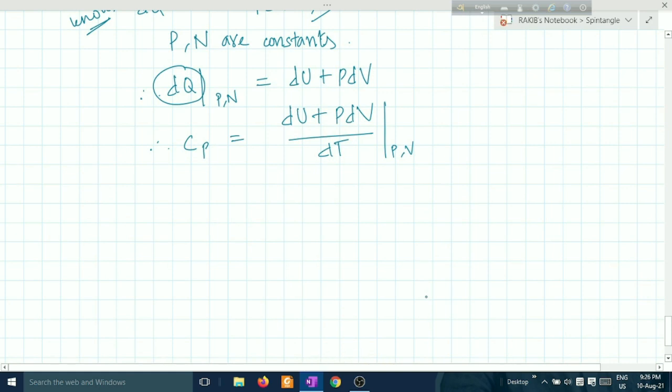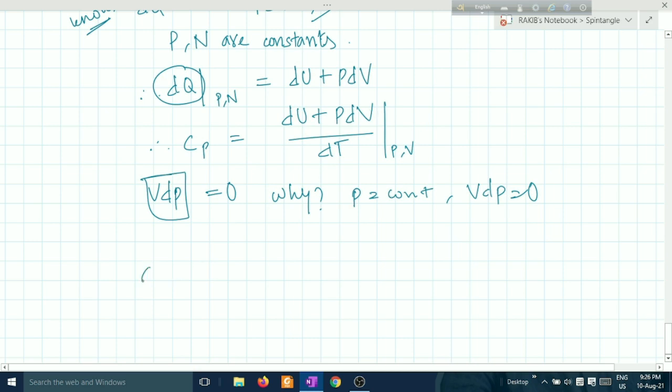Now, what can we do from this? We are introducing another term, VdP, for simplicity. VdP is 0 actually. Why 0? Because pressure is constant. Therefore, VdP equals 0. That means you are adding a 0 with this term.